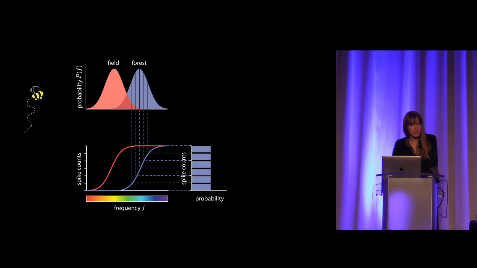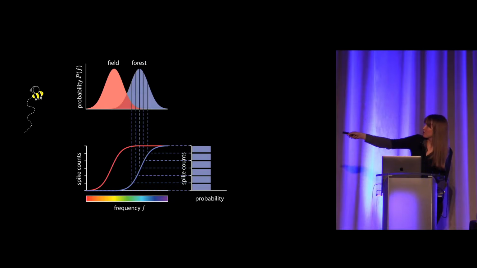And then I asked you to think about what this would imply if the bee were to use this nonlinearity in the wrong context. So let's say it's adapted to the forest, and then it suddenly finds itself in the field. What happens? To look at that, we can project this distribution of frequencies in the field through this same blue nonlinearity.